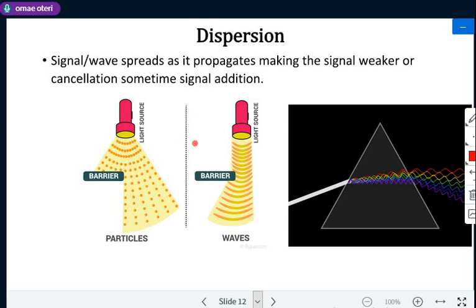I think you can send that to the chat. The positive effect of dispersion, negative effect.